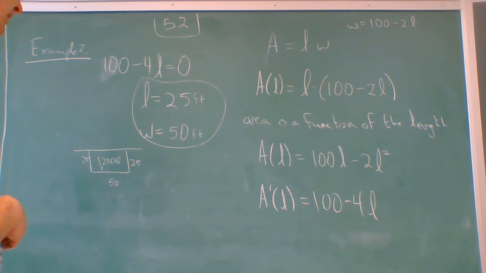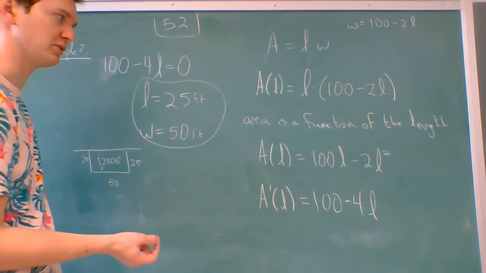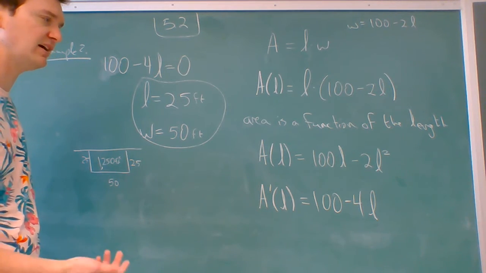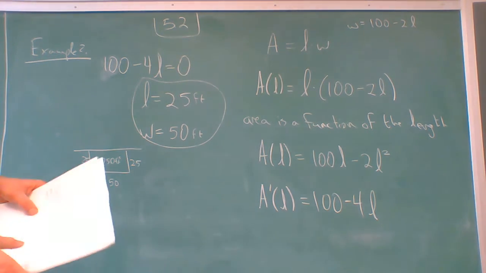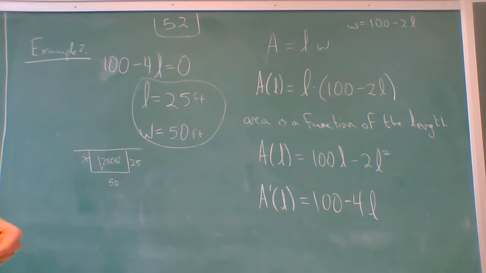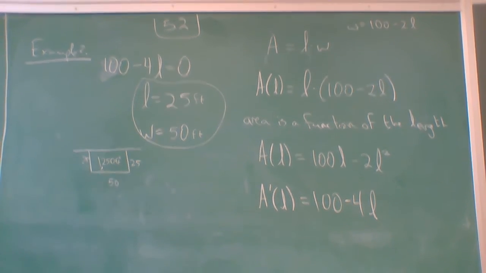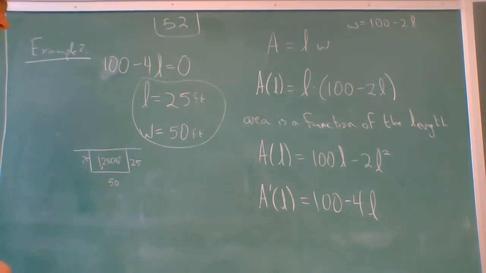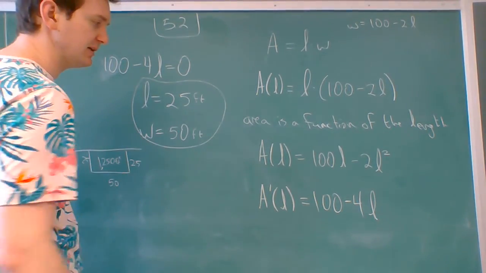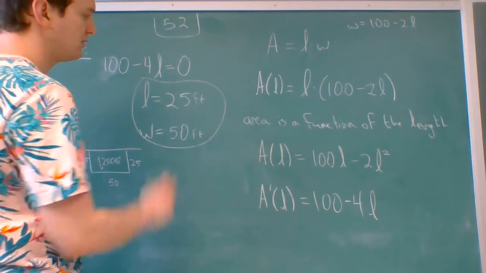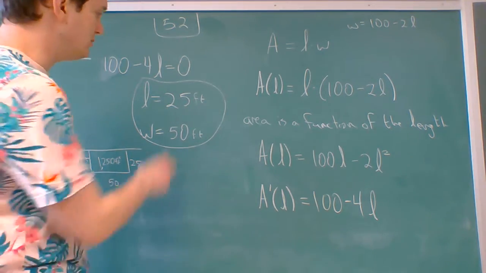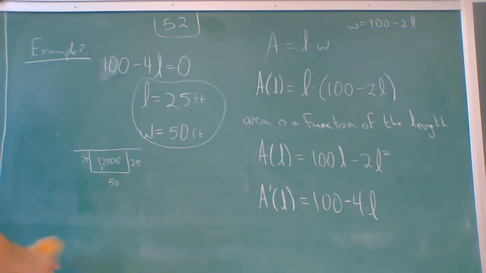Sure, there's a lower bound. You could let L be 0, but then we wouldn't have any area. Or you could let L be 100, but then you still wouldn't have any area. So we don't need to worry about the endpoints here. So since we don't need to worry about the endpoints, this is the only maximum value that means anything in this problem.